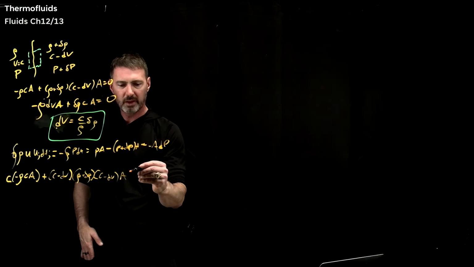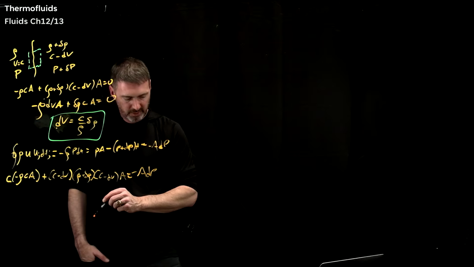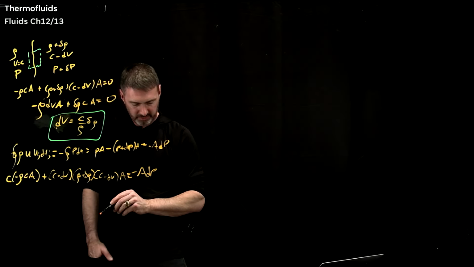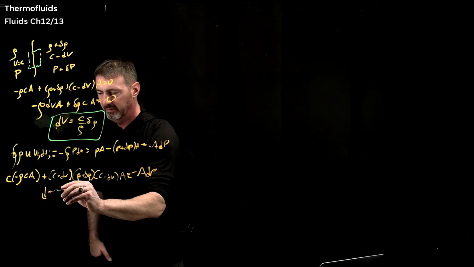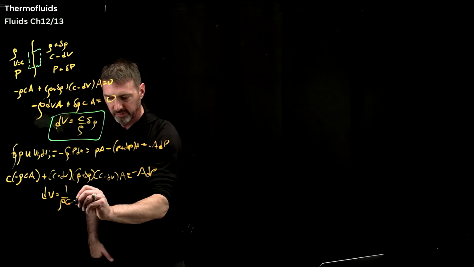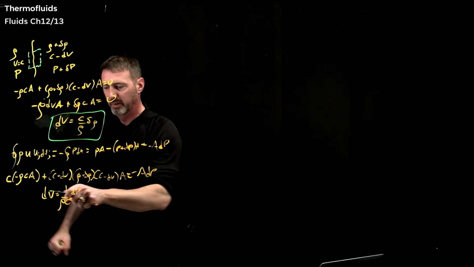And so that's equal to minus A dP. All right, so if you go through and do all the cancellations, what you're going to be left with is that dV is equal to 1 over rho C times dP. Okay, so there's step 2.